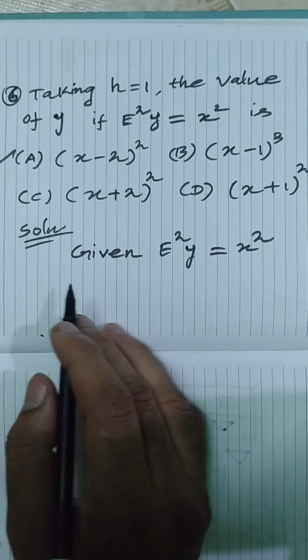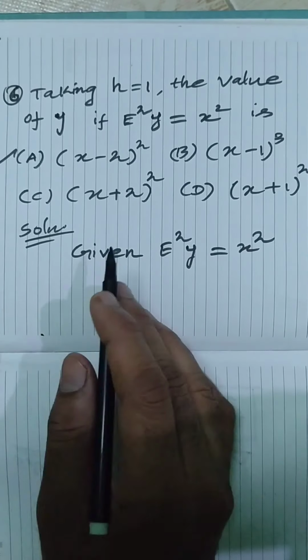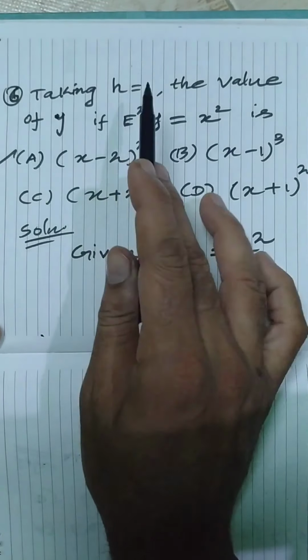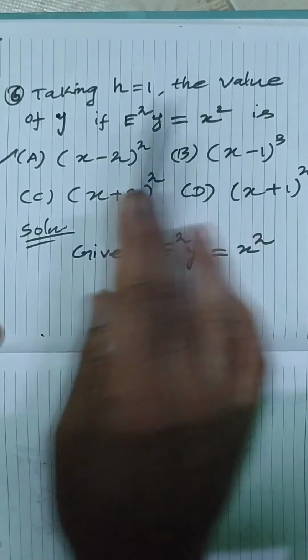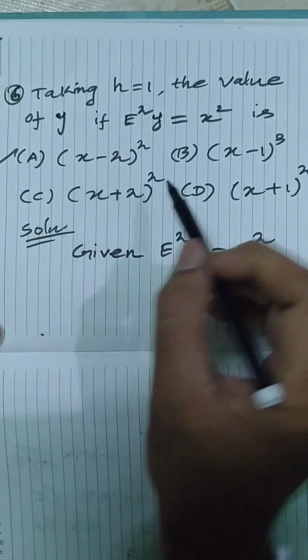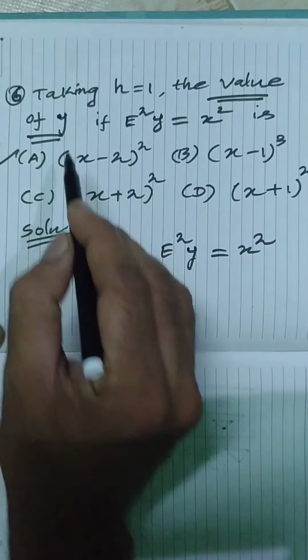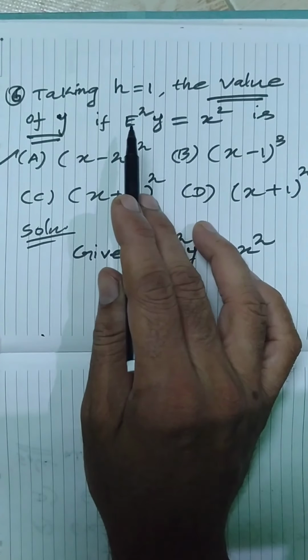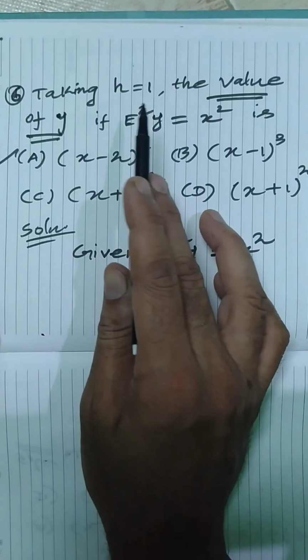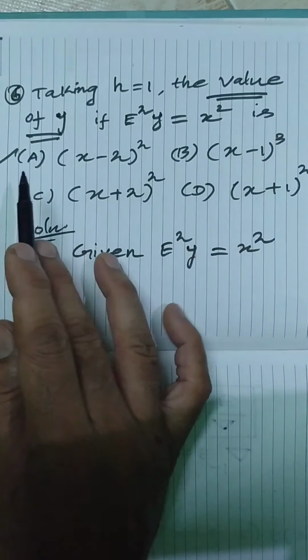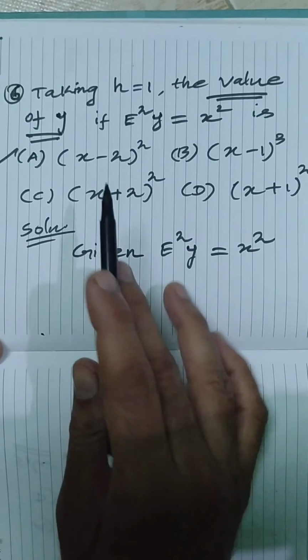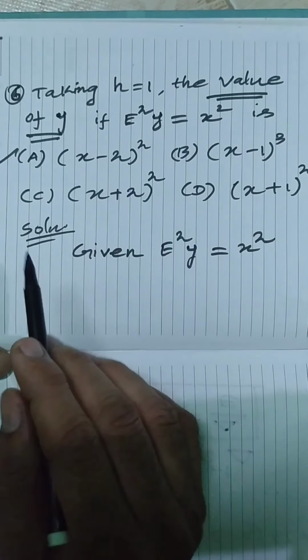Taking h as the interval, h equal to 1, we have to find the value of y. What is given? If E, the shifting operator, E square y is equal to x square, 4 options are given. We have to find out the correct option.